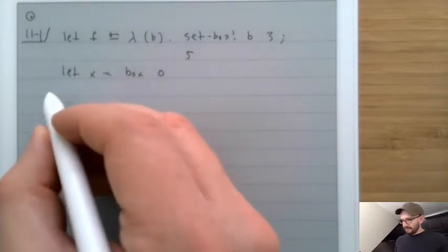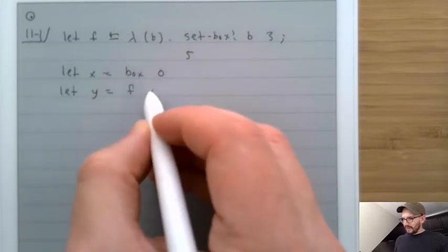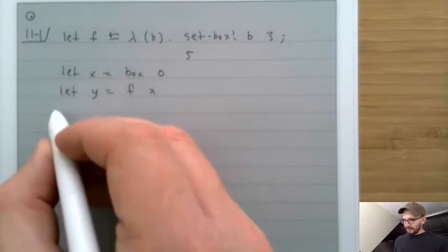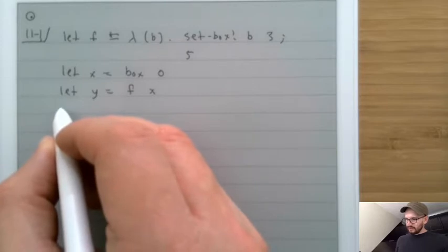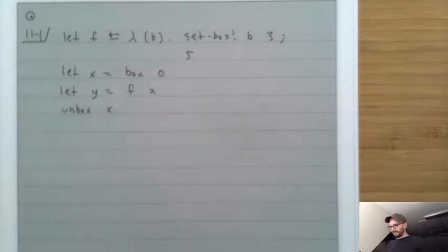Then we can write the code let y equals f of x, and then we can do unbox x. Okay?